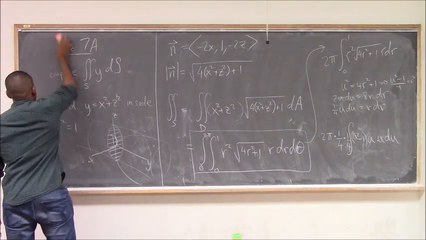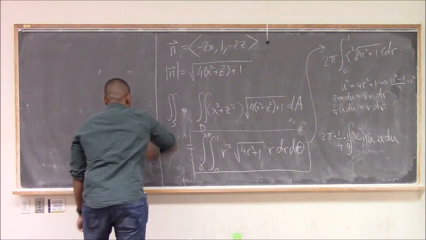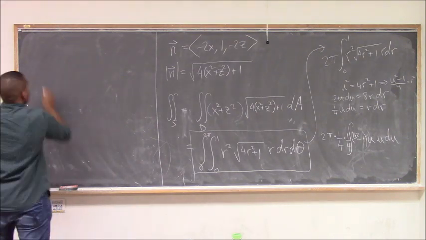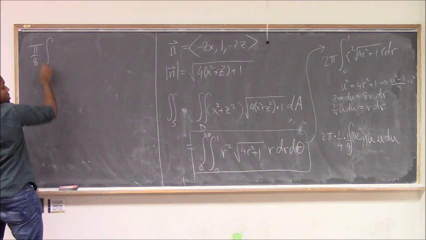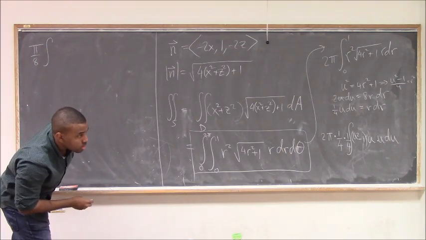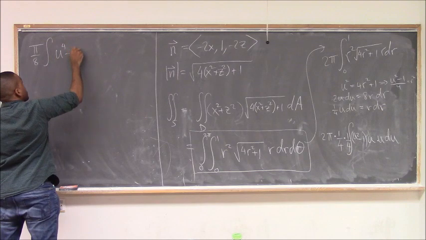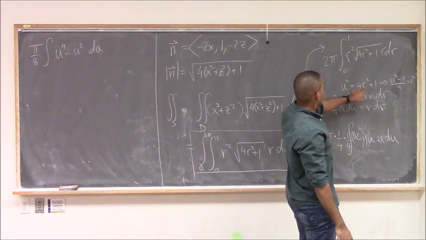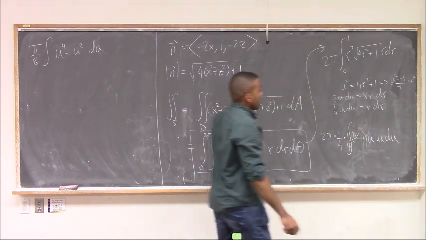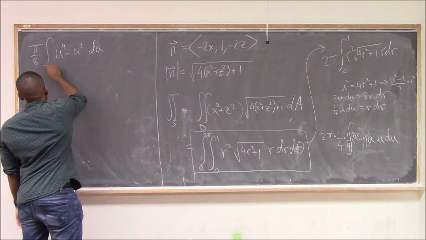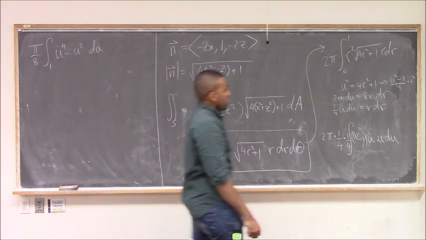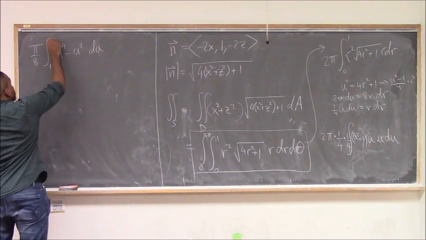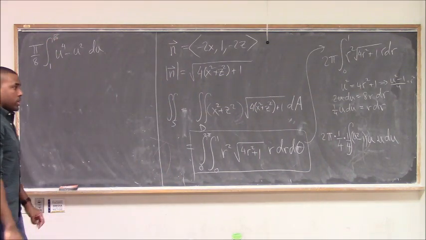And I probably changed the limits there as well, but essentially now we'd have something like pi over 8 times the integral of u to the 4th minus u squared du. And when my r is 0, my u is just 1. And when my r is 1, my u is what? Radical 5. So that's my integral.